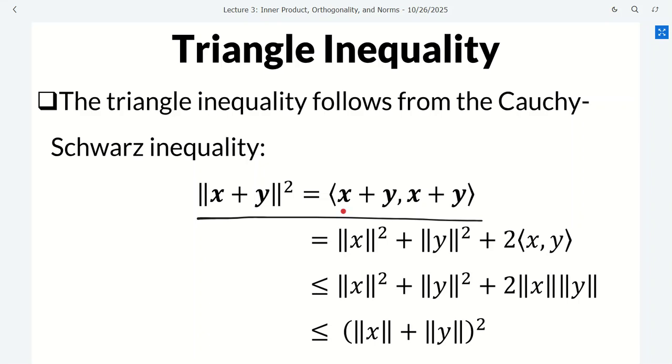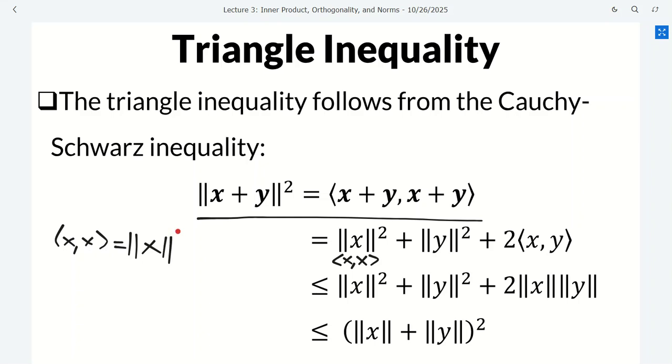Now, if you look at it right now, you realize that this one is this, and we saw that we can write this as the Euclidean square. That is what they have done.